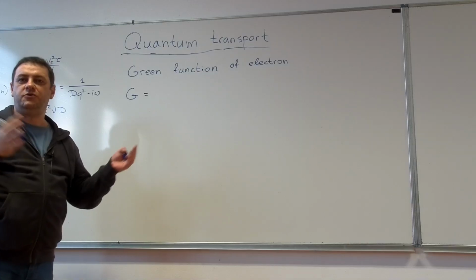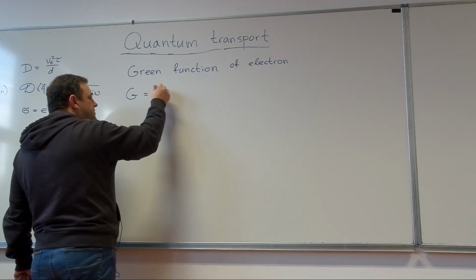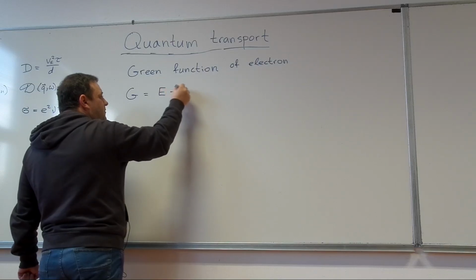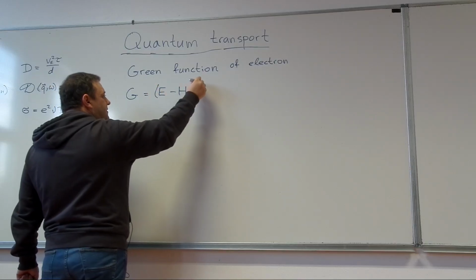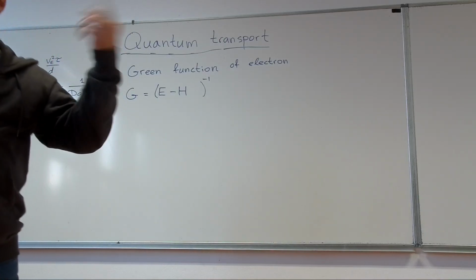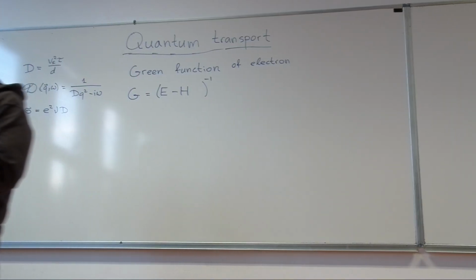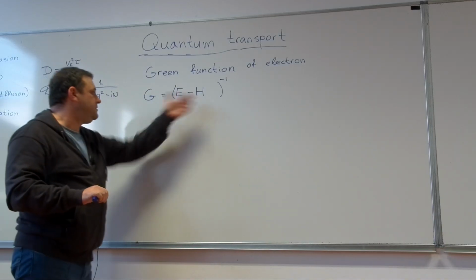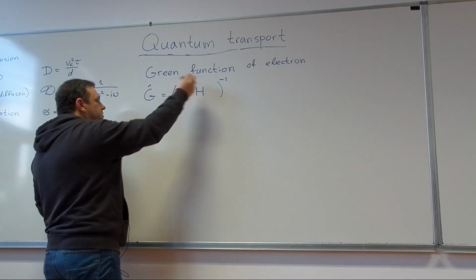The Green function is actually not a function, it's an operator, and this is the definition: it's some number E, which is energy, minus the operator H, which is the Hamiltonian, inverse. That's the definition. It's just the inverse operator. And the Hamiltonian is a basic object in quantum mechanics, and I can even put a hat on it. It's an operator.